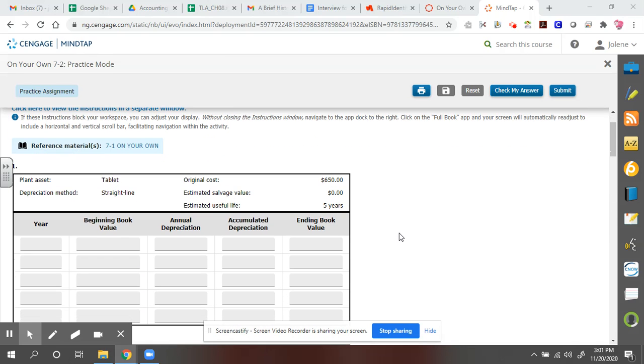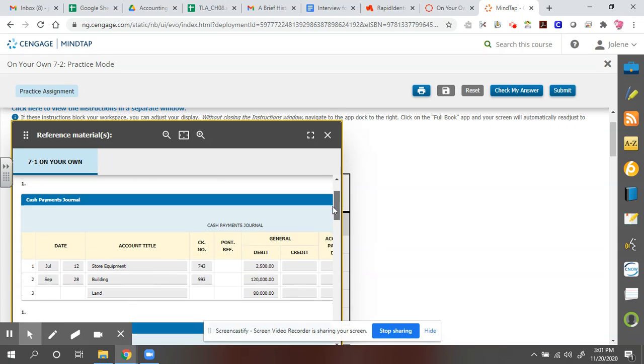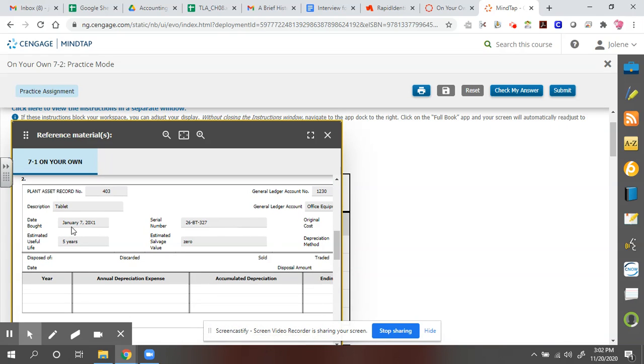To do this, we have to know when they bought the item. In this case, this is a tablet. So we're going to go over to the notes from On Your Own, 7-1. They're right here for us, and we're going to look for the tablet. It says the tablet was bought January 7th, so this is the beginning of the year.